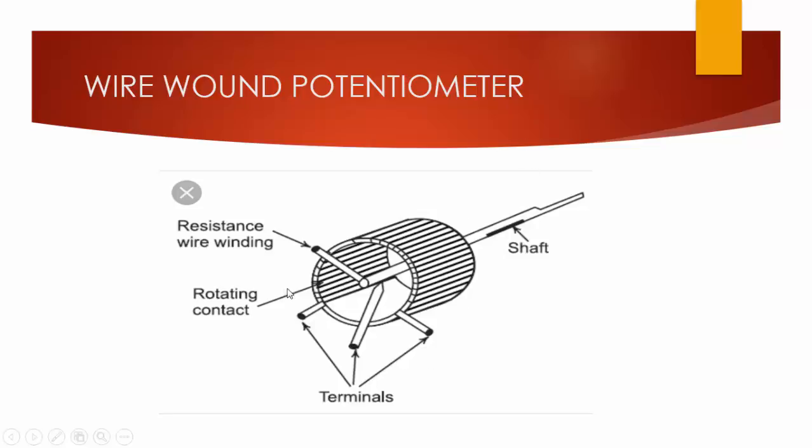As you can see, a shaft is connected to the ring, and here the wire winding is done, and as the shaft is rotated, the resistance varies across the ring, and two terminals are provided to take off the output resistance. Now let's talk about the second type of variable resistor, that is the rheostat.